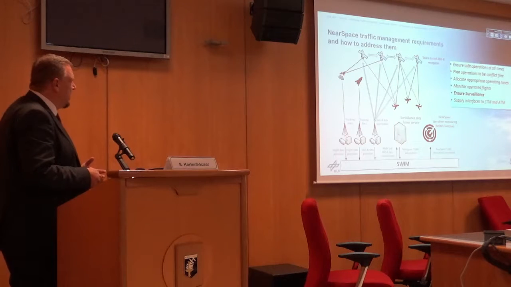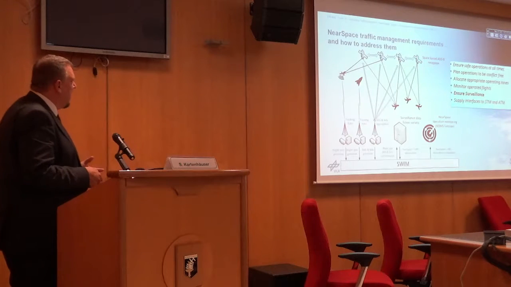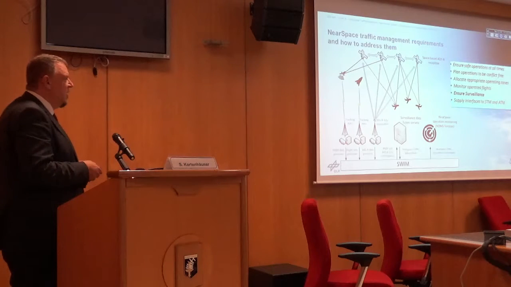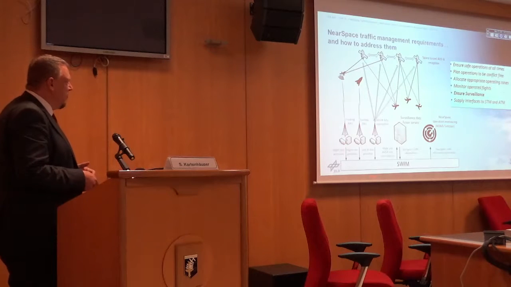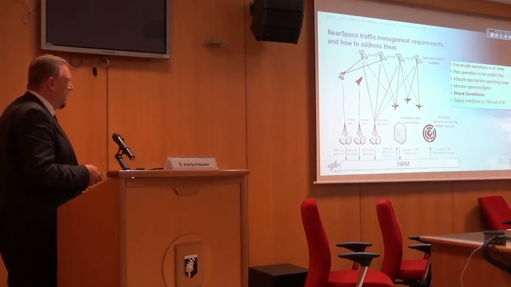First of all, like we said, we have tracking data which can be provided by the operators of the vehicle, as well as data which we can receive, for example, by a space-based ADS-B system or something similar, which we can then also feed into the system-wide information management approach to gather these kind of data, aggregate them via a fusion service, for example, and provide them to whatever entity is making use of this kind of near-space operation management and monitoring.